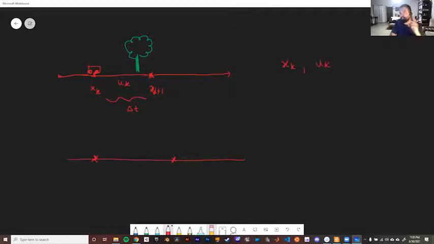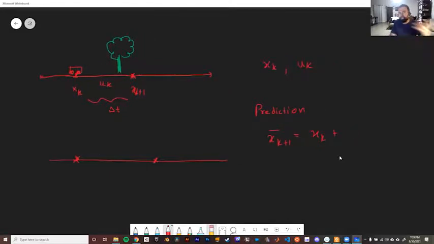From this, what's the first step in the Kalman filter? It's the prediction step. So in the prediction step, we take the motion model and we make a prediction of where the next step is going to be. So xk plus 1 bar is going to be equal to simply xk plus uk.